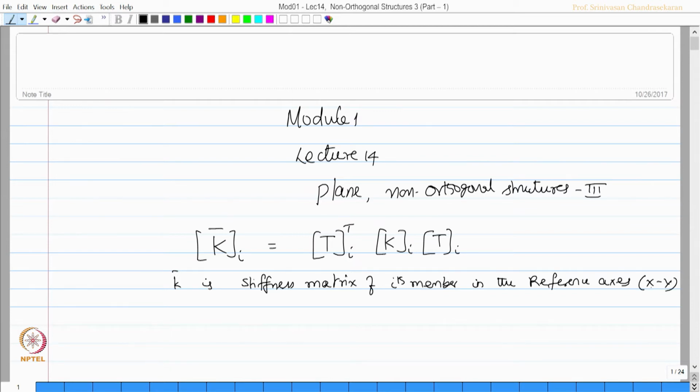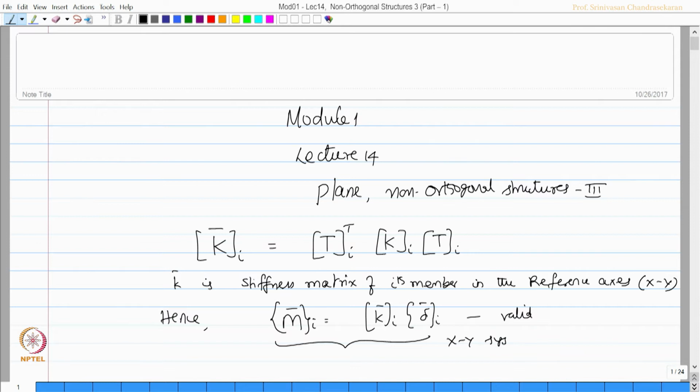Hence, the conventional expression m bar i equals k bar i delta bar i is also valid, where all of them are being expressed in the reference axis system.